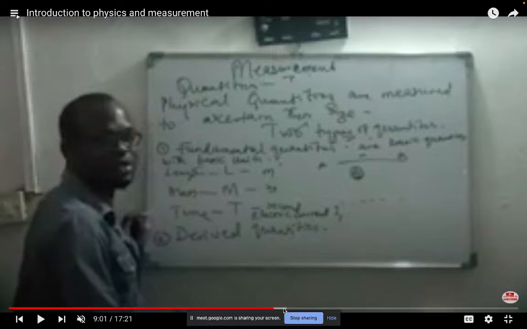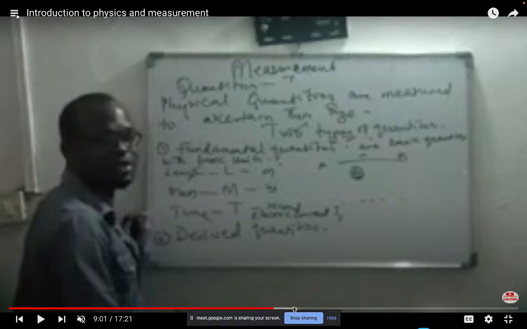So the three of them are what? Length, mass, and time. The three major fundamental quantities. So from them you can be able to actually get other quantities that are called derived quantities.